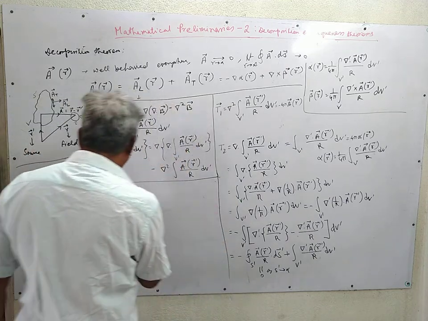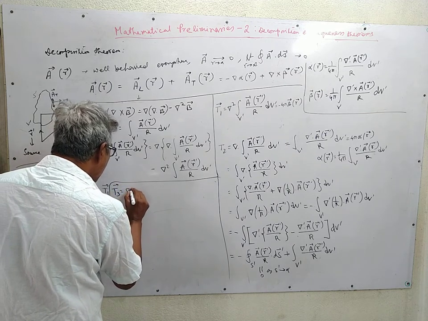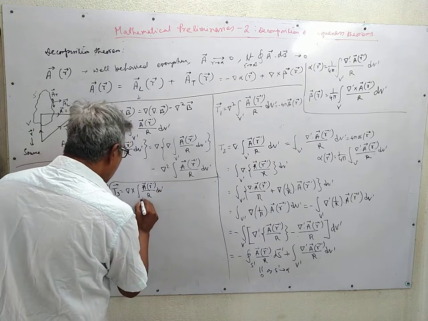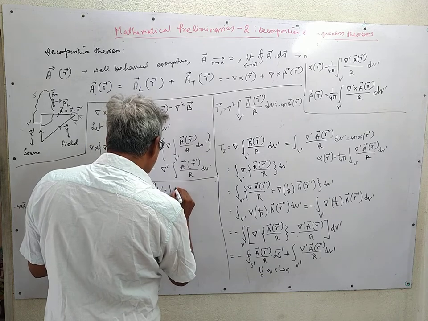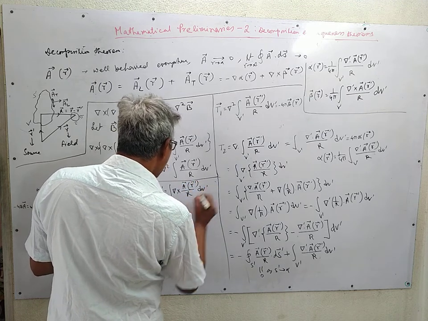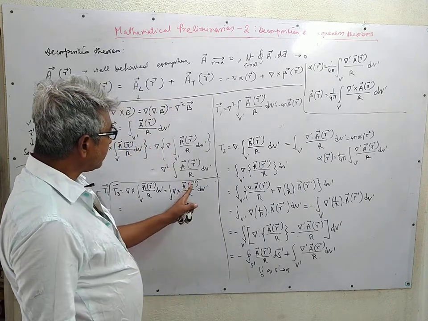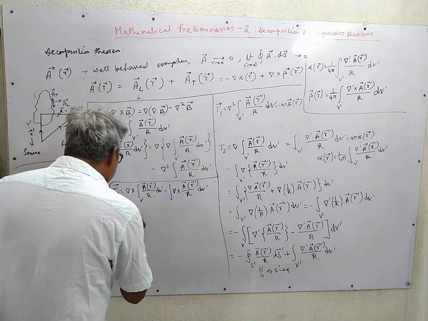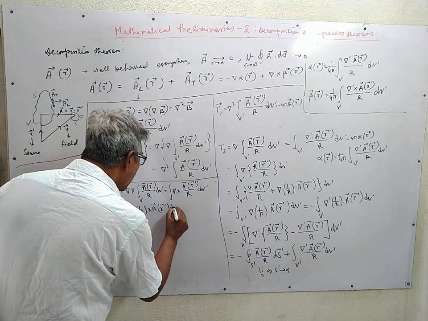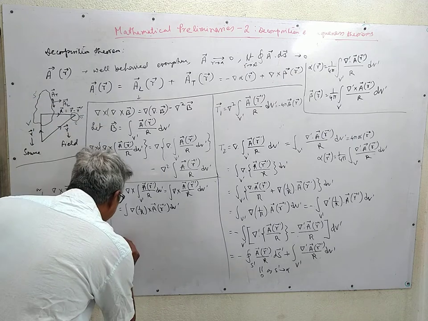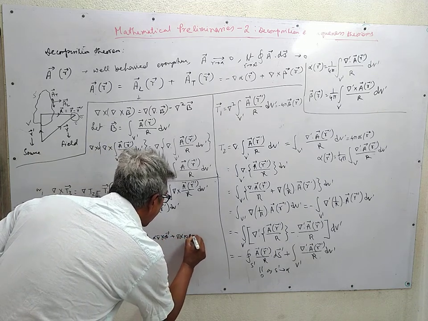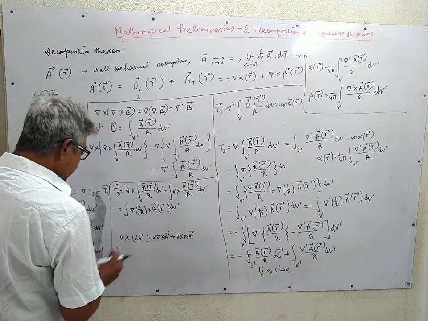So T3 calculation. Now we interchange this, and this does not operate on A prime, so we will have here we have used the vector identity that curl of alpha A is equal to alpha times curl A plus grad alpha cross A. This term doesn't contribute, so this term is kept over there.